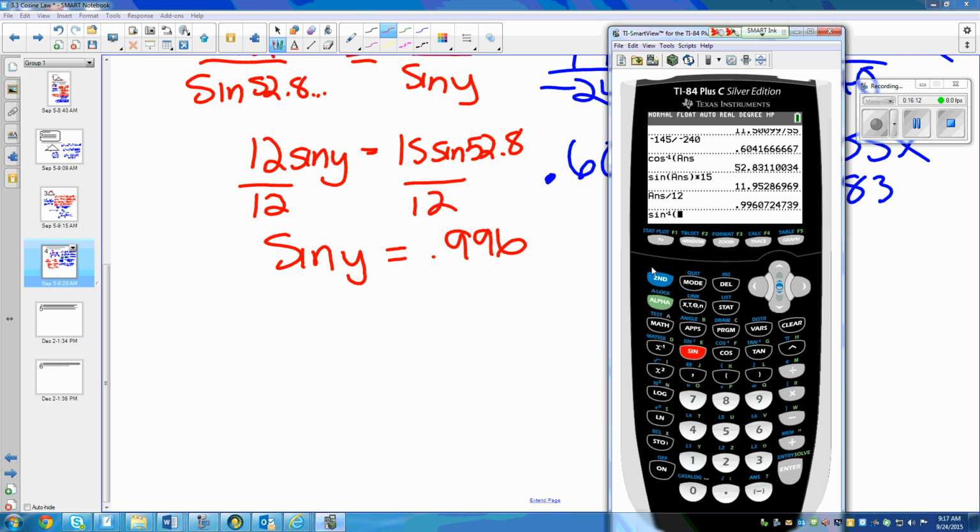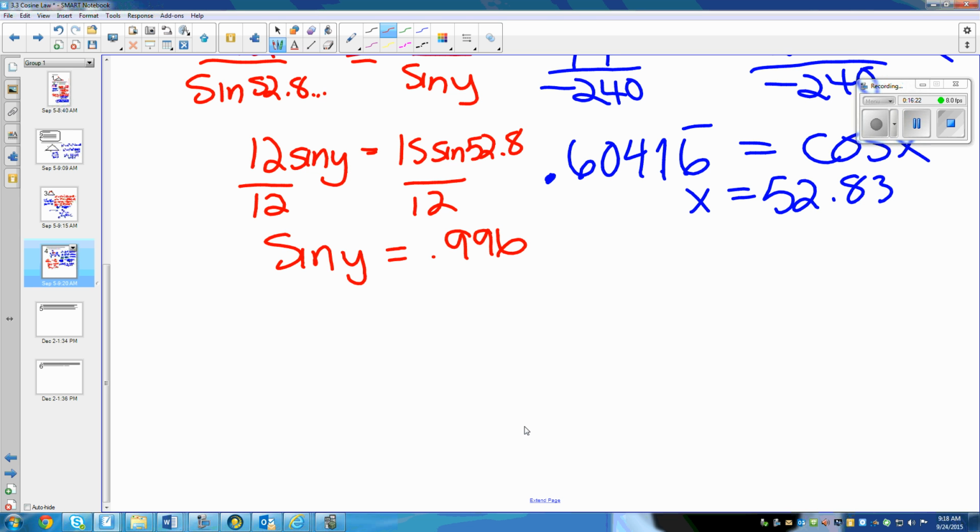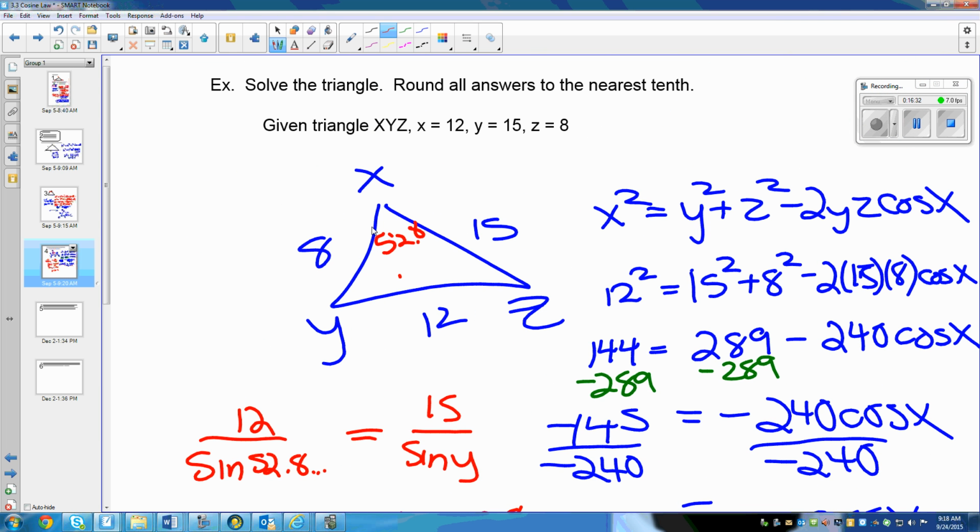Second sine, oh, you guys are getting tired of me asking that. Second y, second answer, enter, gives me 84.92 or 84.9, right? So if I come back to the original triangle, angle y is 84.9. That makes sense to me because it's the biggest side length, so it should be the biggest angle, right?